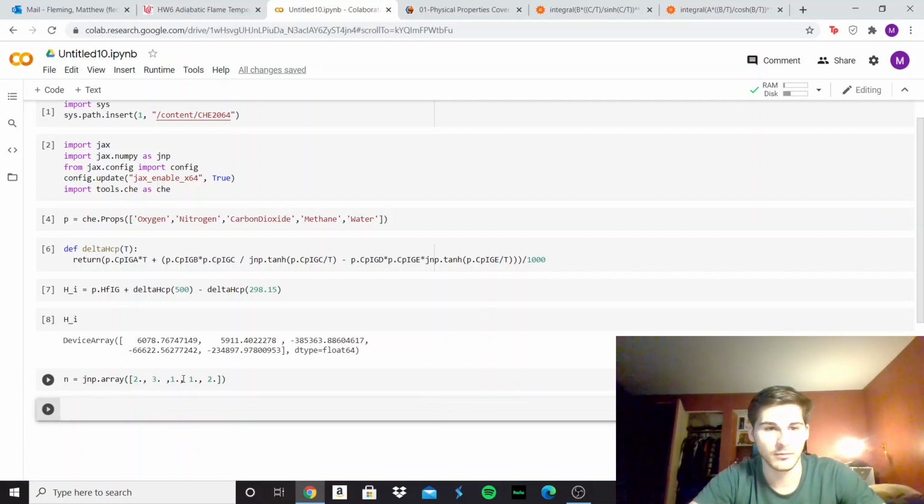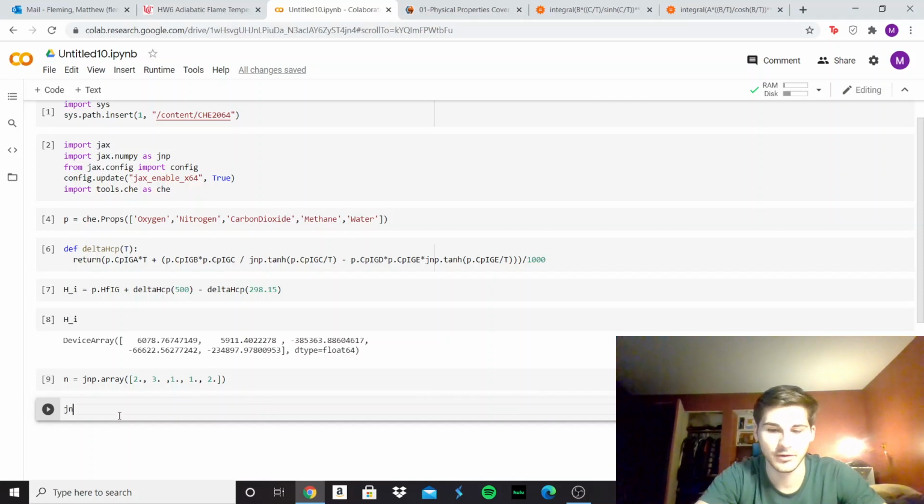So these are all of our moles for each component, and then if we want the total enthalpy of the system, we just need to multiply the changing of the enthalpy of oxygen with its number of moles, and then do that for each of the respective components.